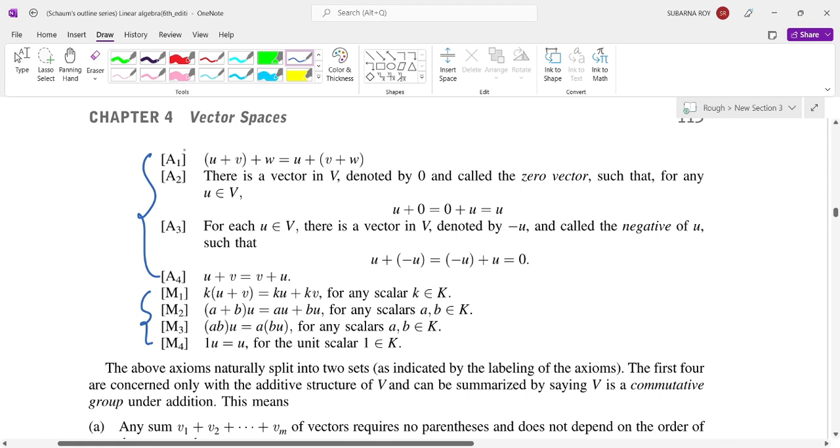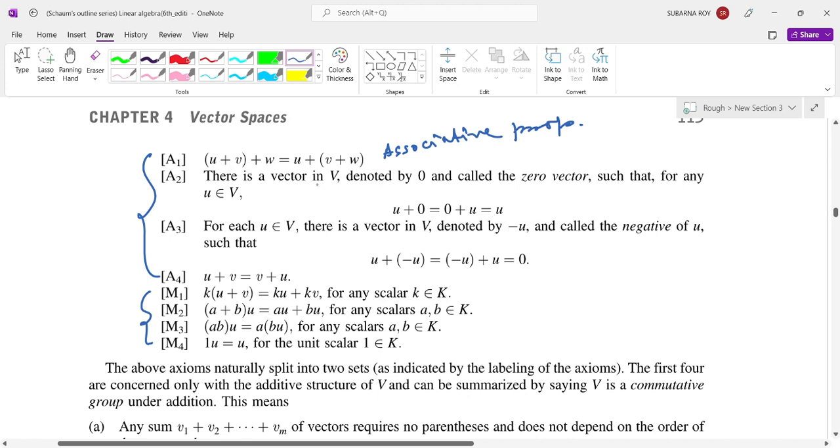In the first axiom, we see that (u plus v) plus w equals u plus (v plus w). It's called the associative property. So for any three elements u, v, w, this associative property holds.